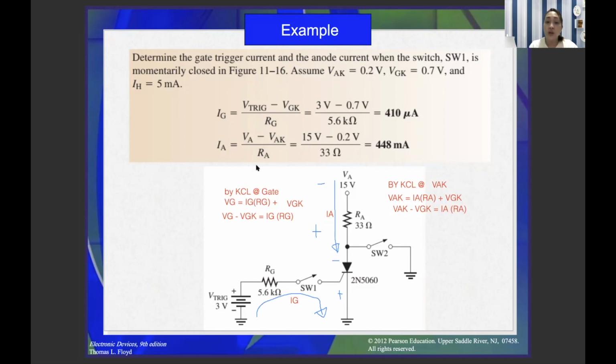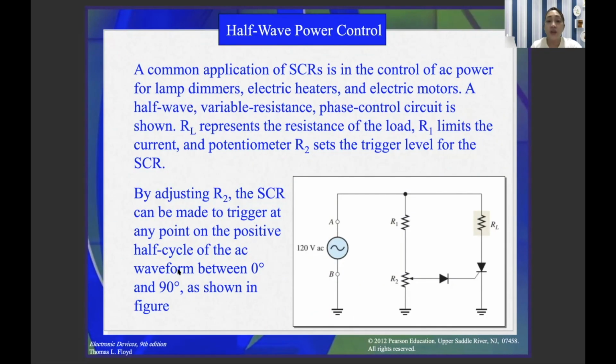That's why we derive this equation. So we don't need to memorize this equation, because by applying KCL and KVL only, you can determine the equation. So we will have an anode to cathode current of around 448 milliampere. So that is the equation here.